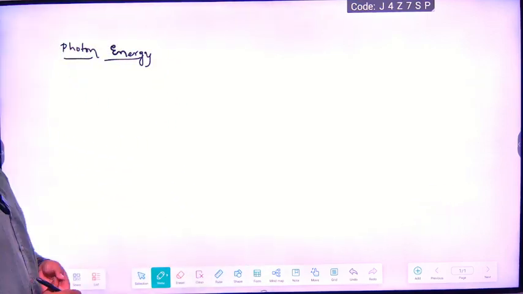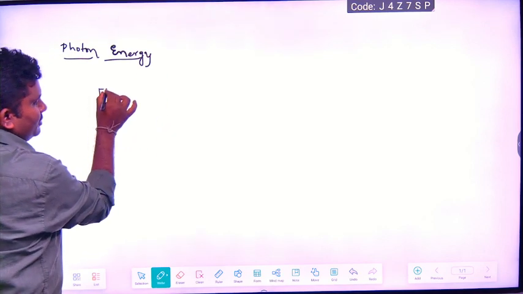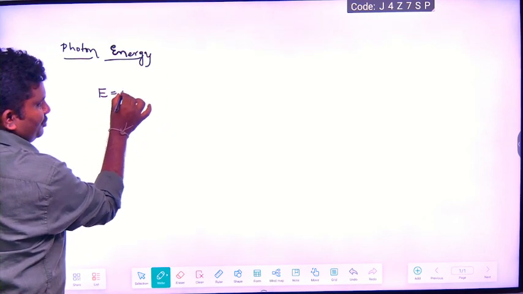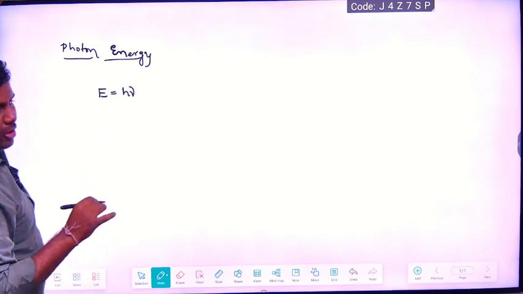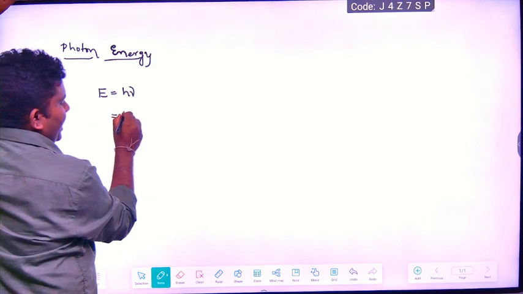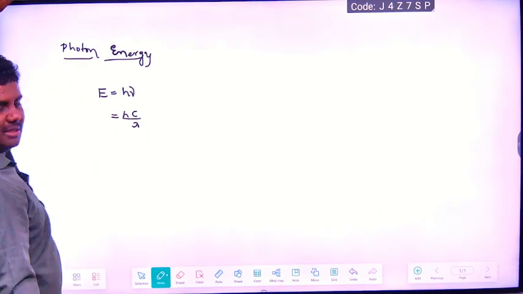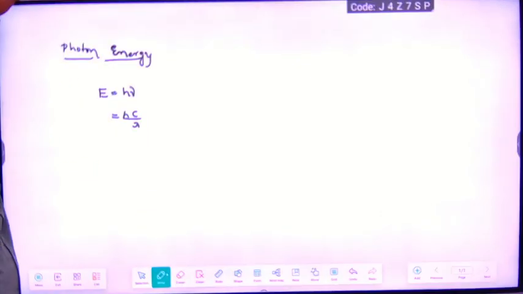The total energy of the photon is E equals h nu, which is hc by lambda.